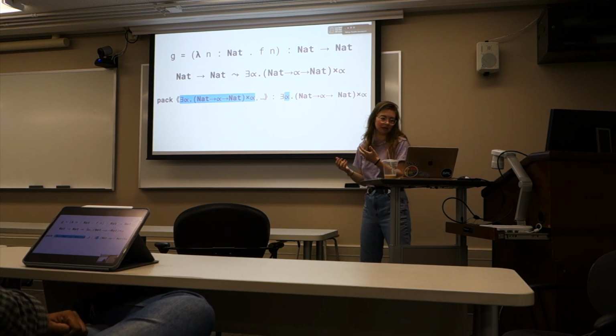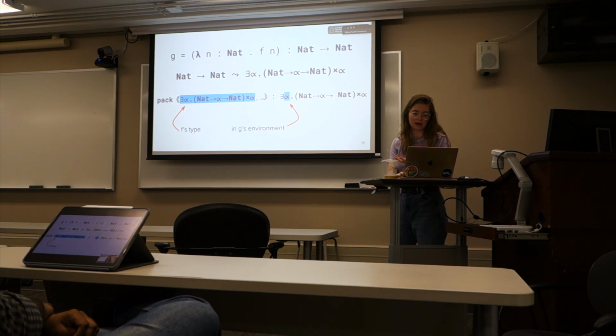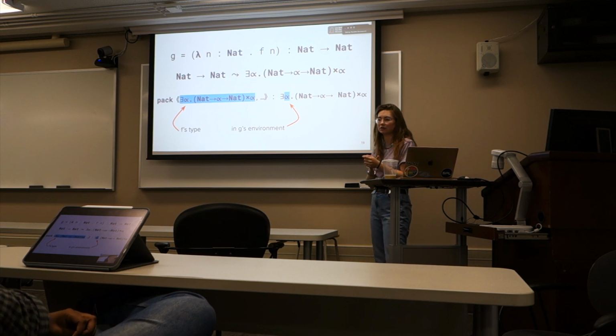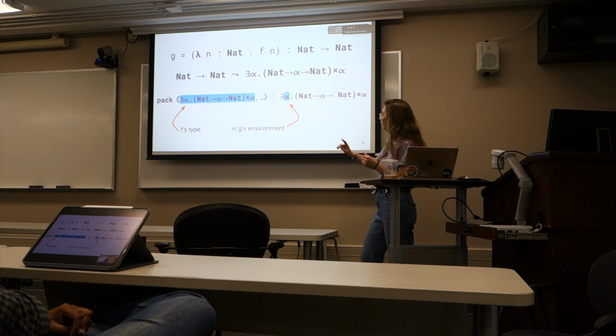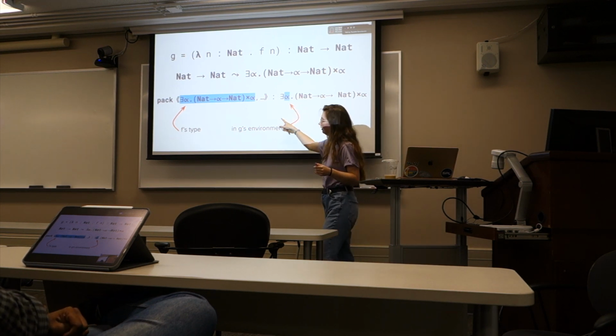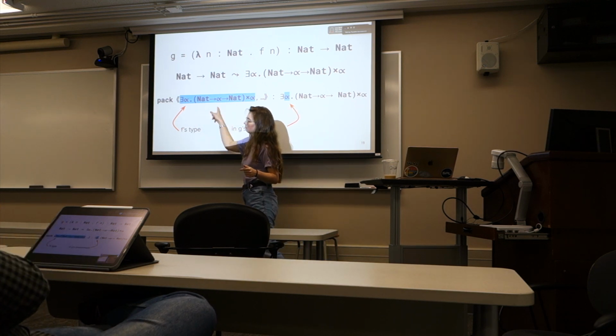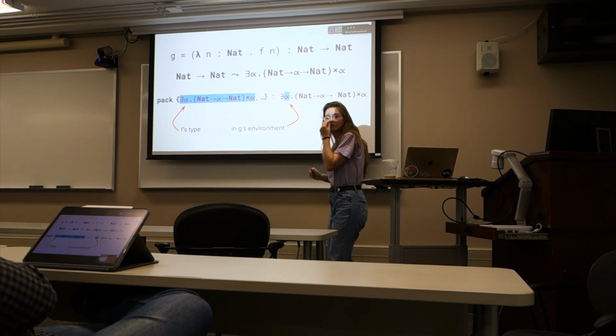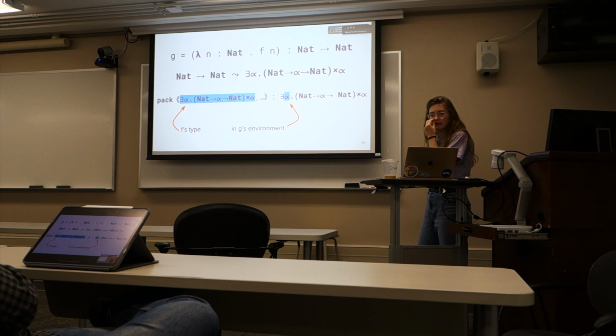But in general, this is what's nice about encoding closures as existentials: because we have higher order functions, we can just say, in G's environment, which is represented using alpha, we're going to have F's type, which is the same existential. Make sense?